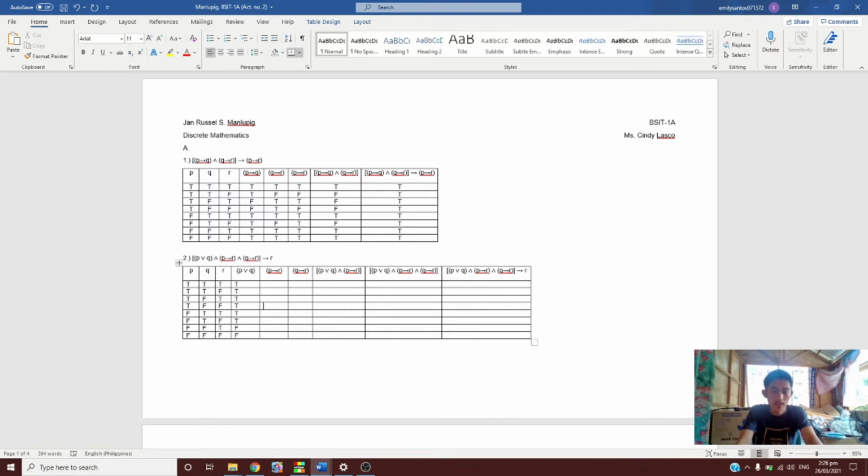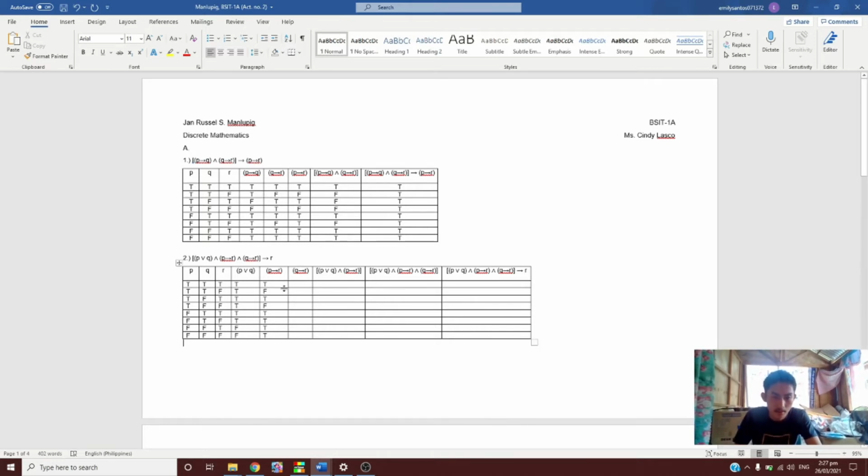Next is P implies R. So P implies R, the truth value of P will automatically exchange its state to letter R: T, F, T, F, T, T, T, F, T, T, T, T, T, T. So yeah, correct.